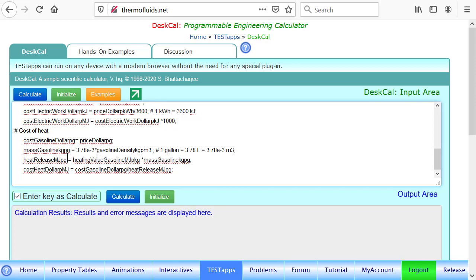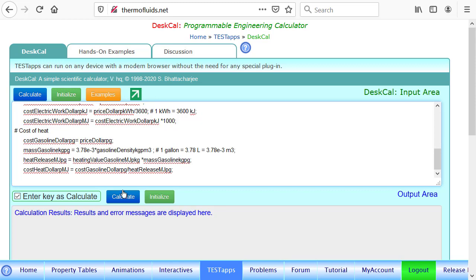Heating value simply means when you burn 1 kg of a substance, what is the maximum amount of heat you will get out of that. For gasoline it is 44 million joule per kg. So for the cost of heat, dollar per million joule, we know the price of 1 gallon of gasoline, so we simply divide the price by the heat released in million joules.